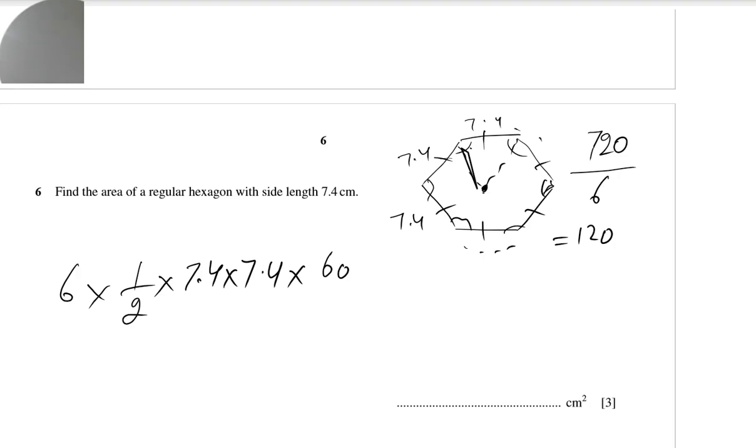So 3 times 7.4 square into 60. Wow, 9856.8.